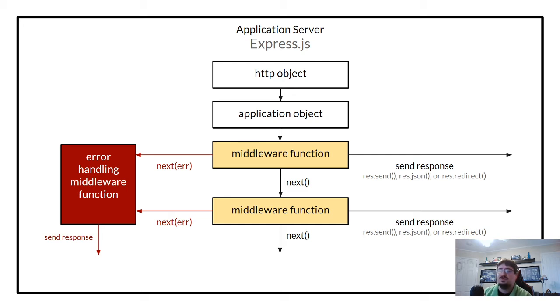But in general, that's one option: they can send the response, right? That's the one we've taken the most. Or I think I should put render on there as well. If you're calling res.render, that's the end of that middleware chain. With me? Yeah. So once you send a response, you're done with the chain.